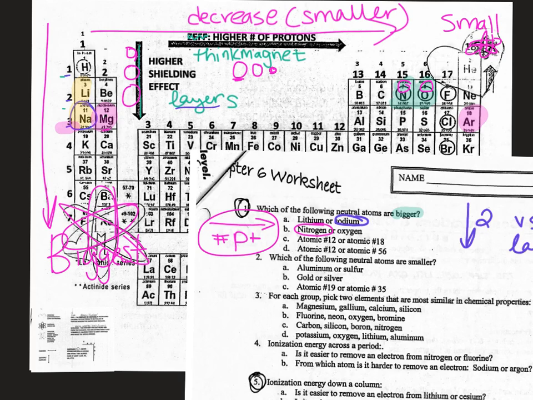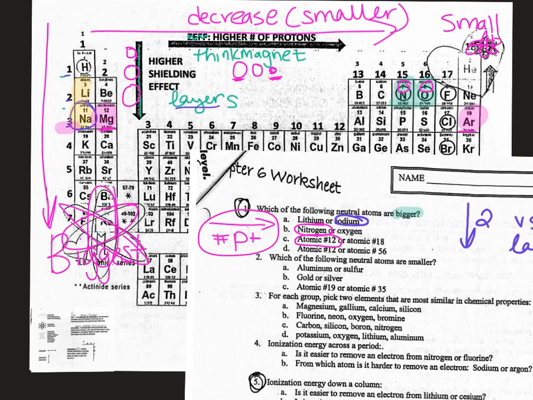So 12 versus 18: 18 is definitely going to have the bigger pull in, which means it'll be the smallest. So we're looking for the one that is further to the left, or the one who has a smaller magnet, atomic number 12.